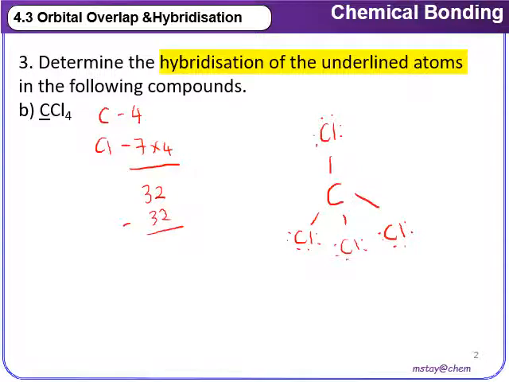Again, there is no extra valence electron. So this carbon has 4 electron domains. Hence, the type of hybridization is sp3.